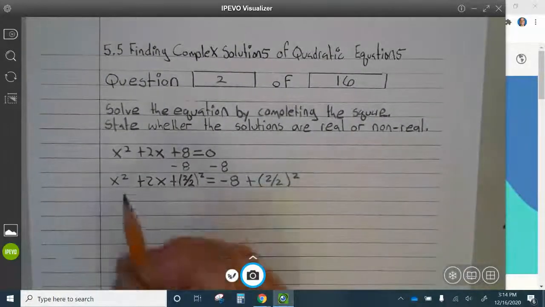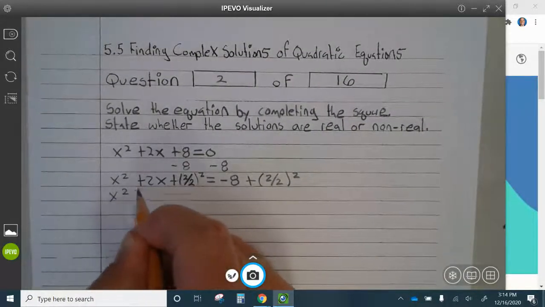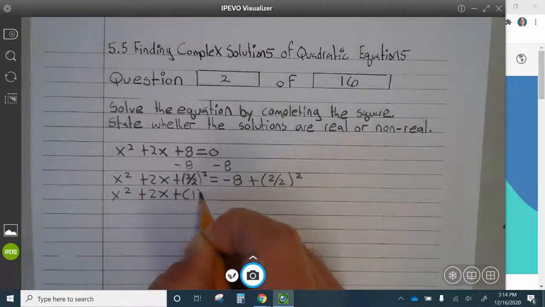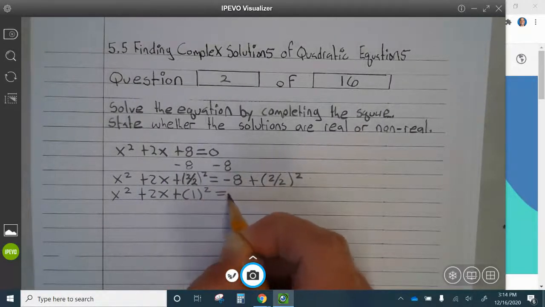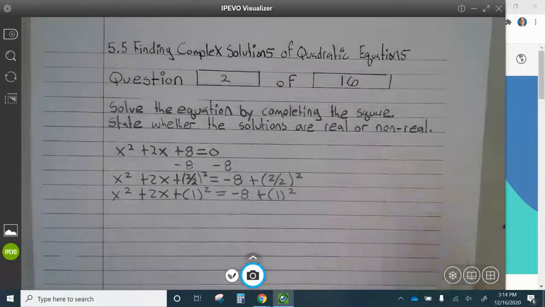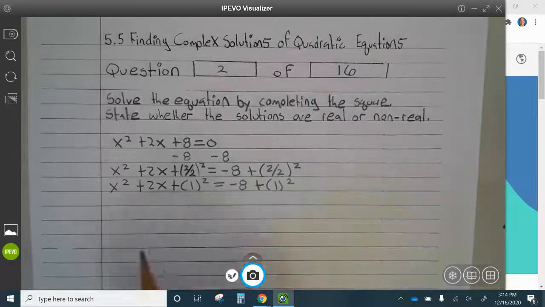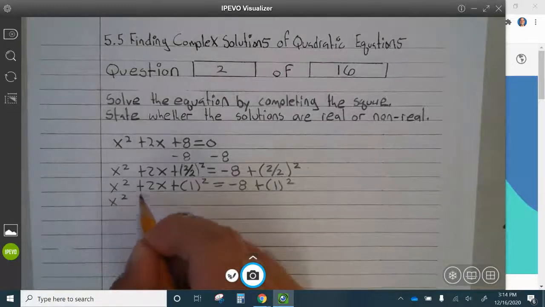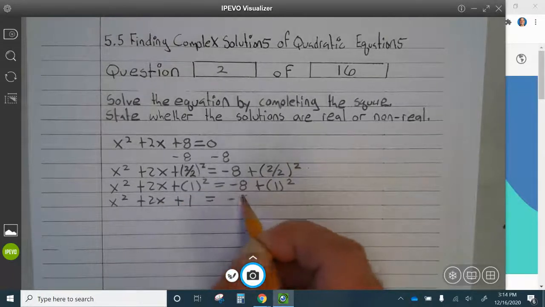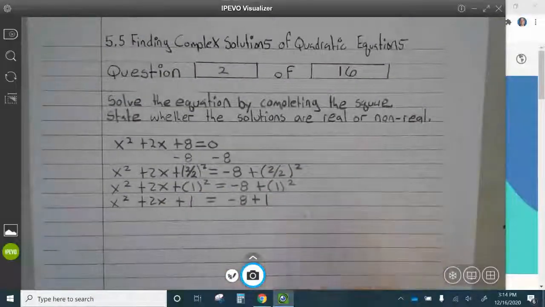Okay, so then that's x squared plus 2x plus (2 divided by 2 is 1) 1 squared equals -8 plus 1 squared. Okay, well that's x squared plus 2x plus 1 equals -8 plus 1.